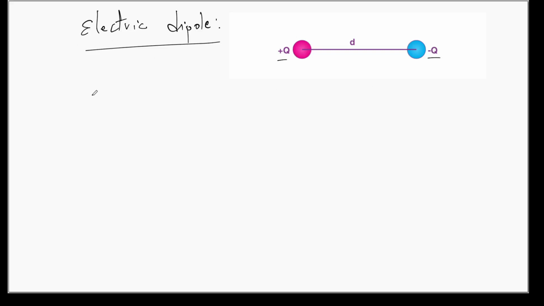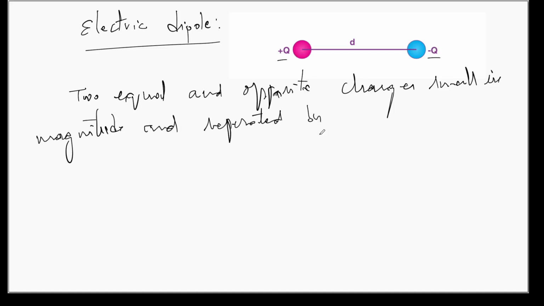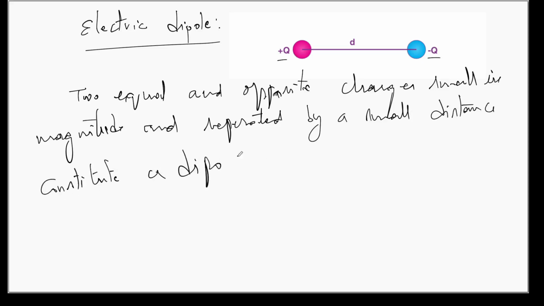Two equal and opposite charges, small in magnitude and separated by a small distance, constitute a dipole. To be precise, an electric dipole.